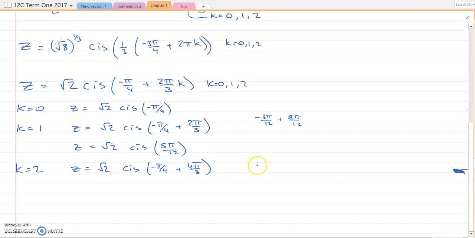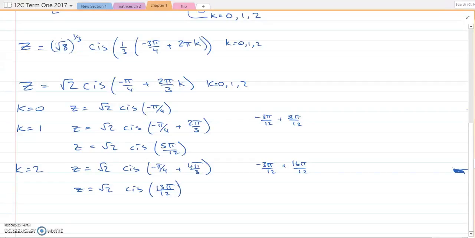That's negative 3 pi over 12 plus 16 pi over 12, so I believe that is 13 pi over 12, which is out of bounds because the angle is supposed to be less than pi.